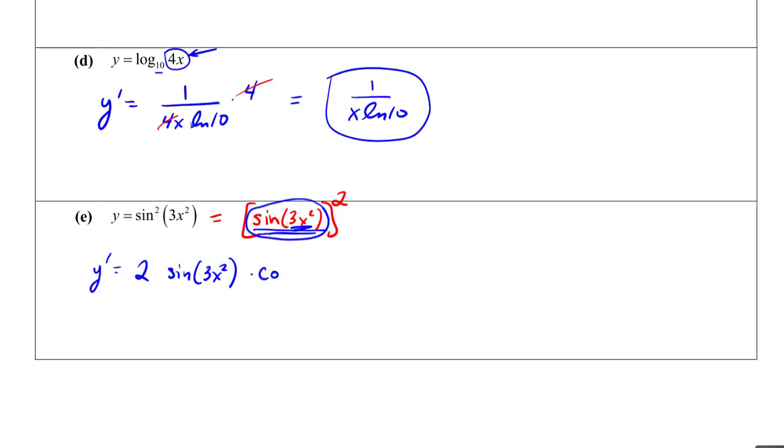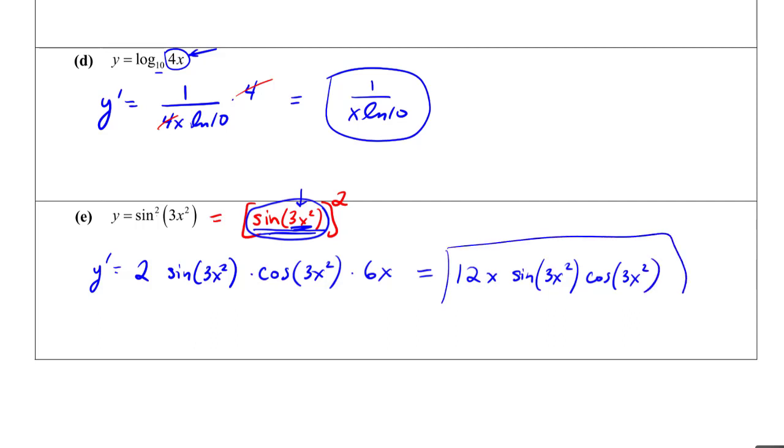That would give me cosine of that something, the 3x squared. And then I'd have to go in and take the derivative of the something from that, the 3x squared, and get 6x. So I end up with, all said, 2 times 6x is 12x sine 3x squared times cosine of 3x squared.